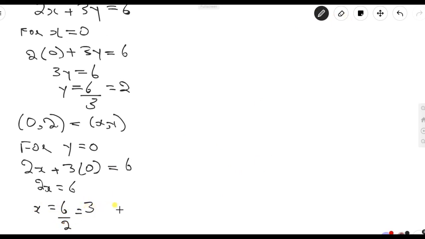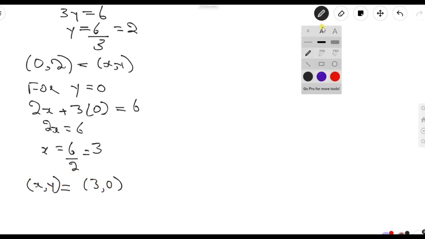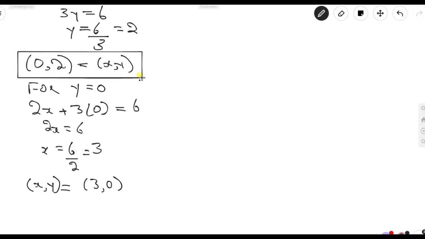So you can see that the x-intercept over here is (3, 0). So you are having 2 points now, the x and y intercepts. We are going to plot them on a graph, and we are going to get a straight line. That's the first step of our work.